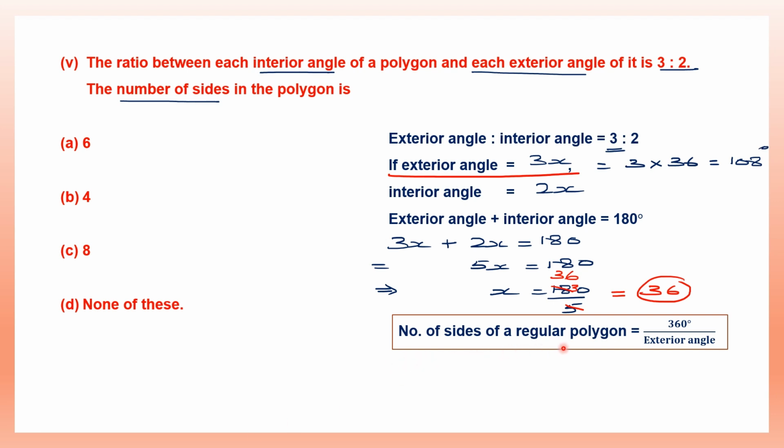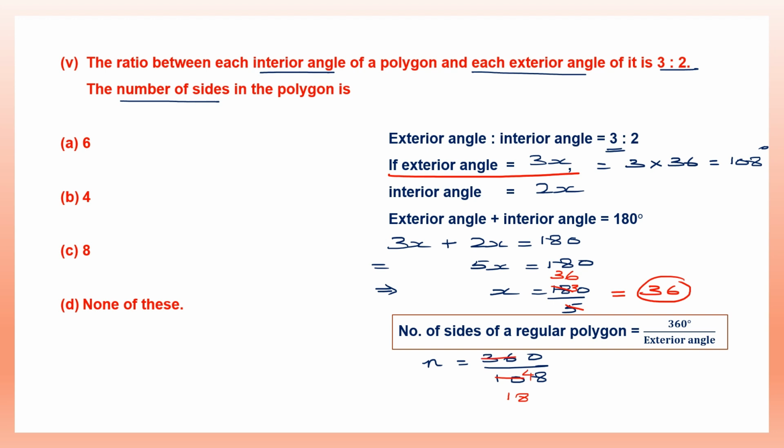Now we can find the number of sides because we have found the value of the exterior angle. So number of sides n is equal to 360 divided by 108. We can simplify this with 2, 3, 4, 6. Now let's try 6. 6 ones are 6, 4 left, 48. 6 eights are 48.